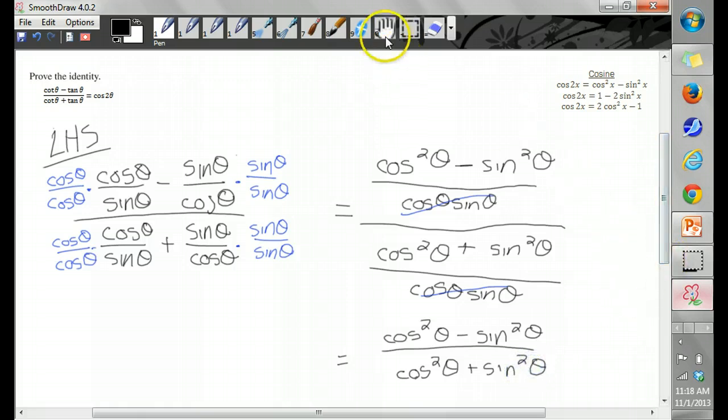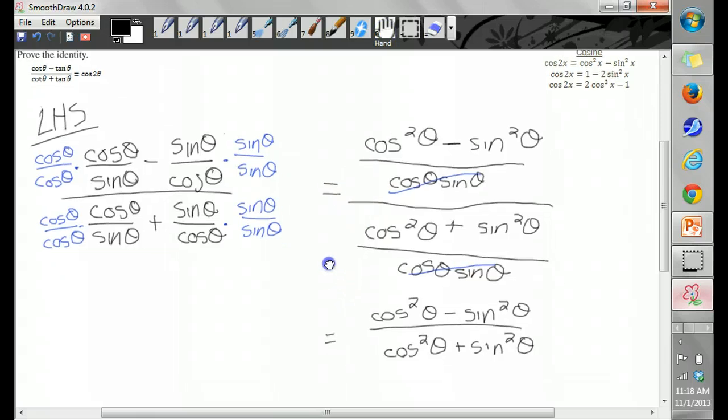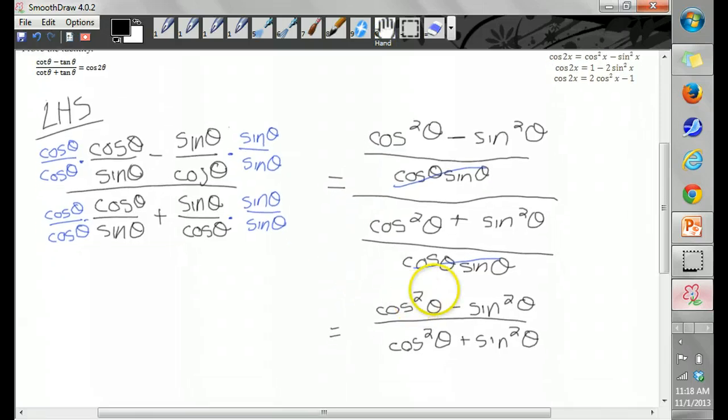And at this point, both of those things look familiar to me. Cosine squared theta minus sine squared theta, that matches with the double angle formula for cosine that we have up here. Cosine squared theta minus sine squared theta. So the numerator has just turned into cosine 2 theta.